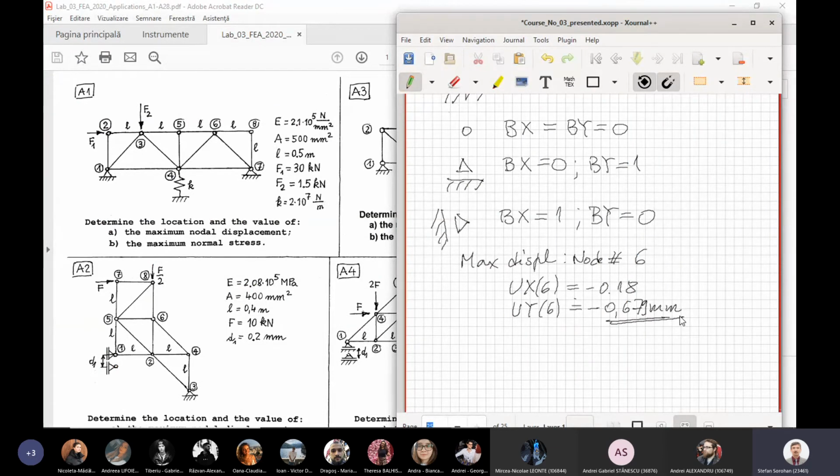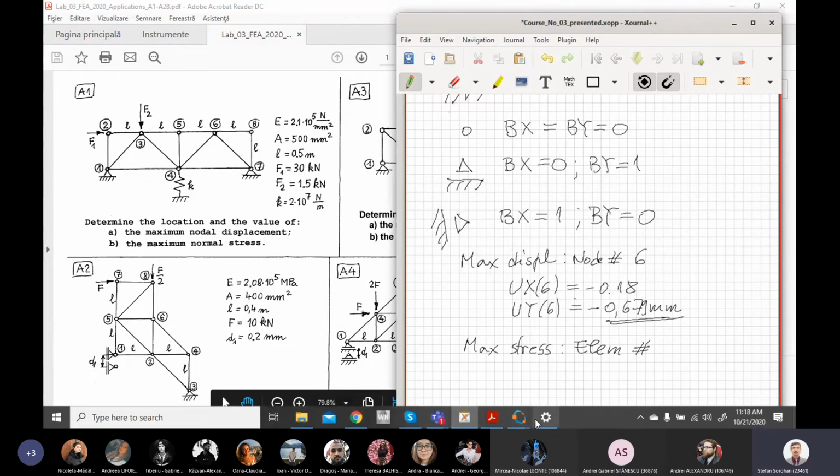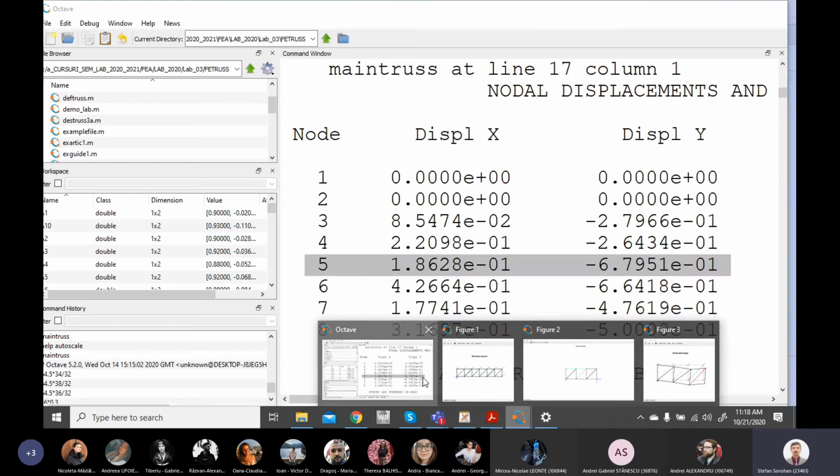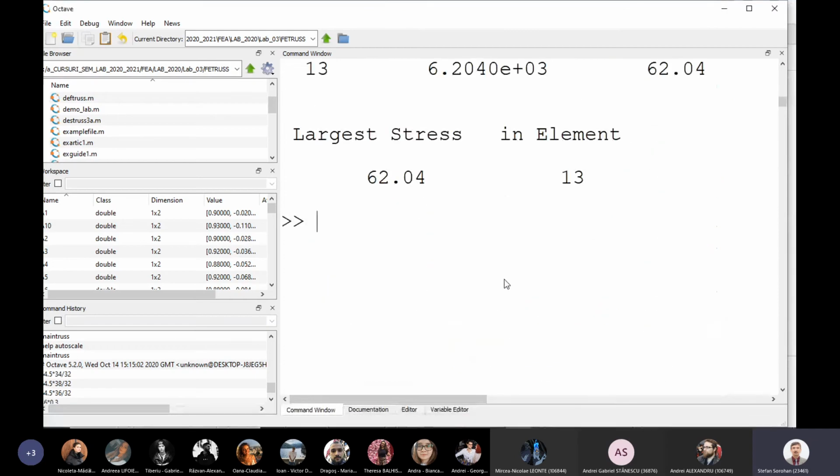And the maximum stress or maximum axial stress is in element number. Let's check again in the program here. 62 in element 30.